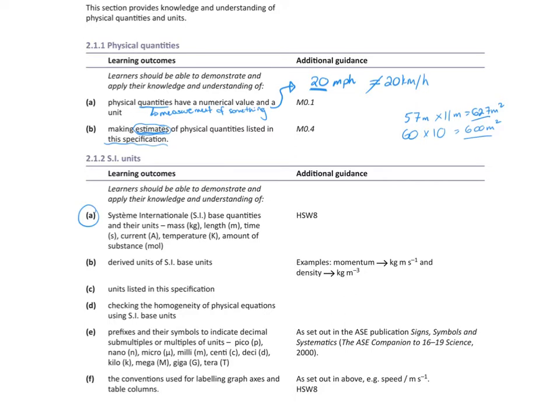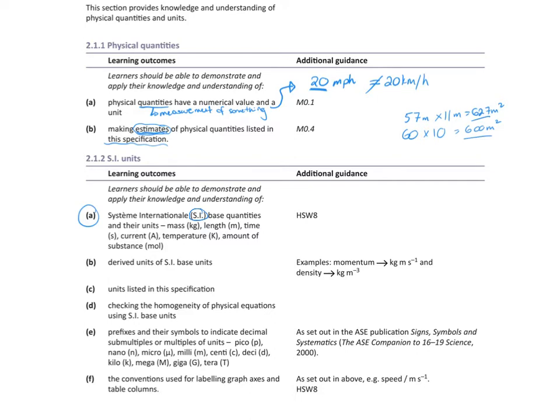Base quantities are what we consider very basic quantities that make up other measurements that we actually take. So let's start by going through them one by one. We're going to call these SI units for simplicity. We don't have to say Système International.